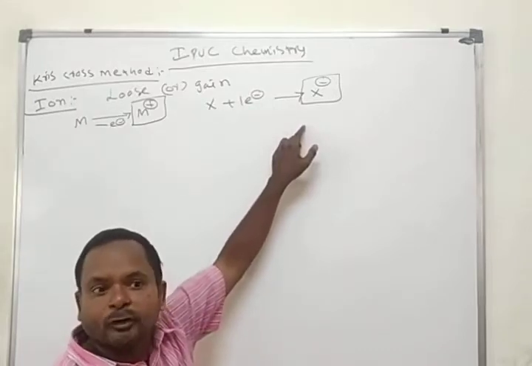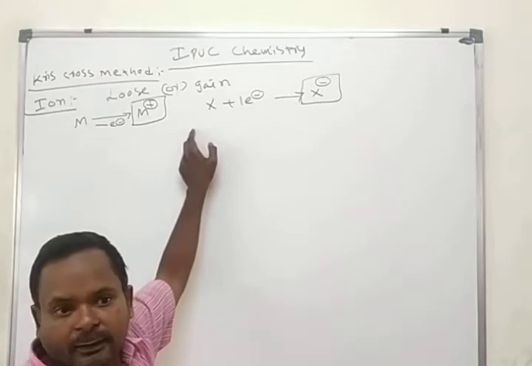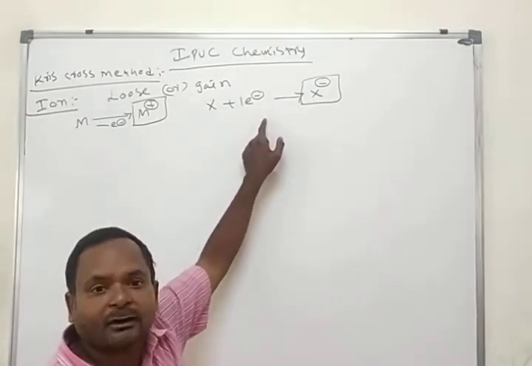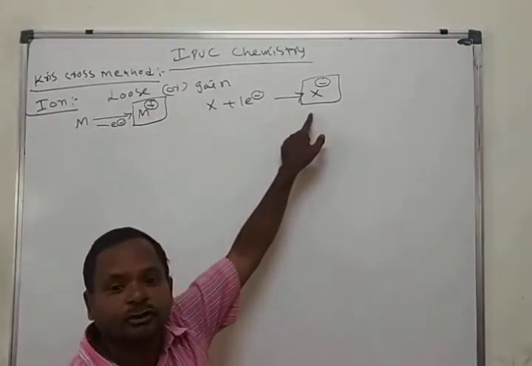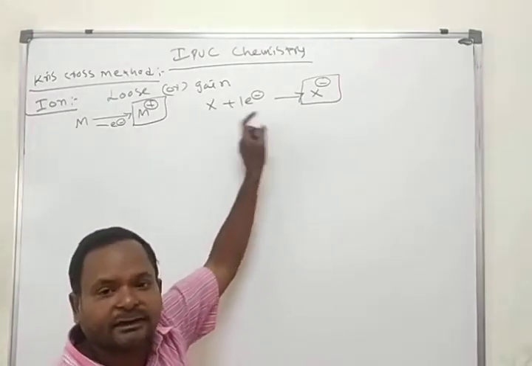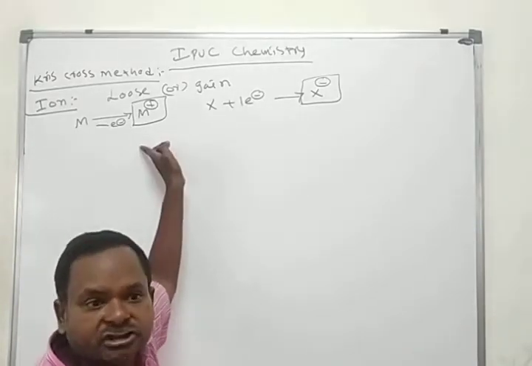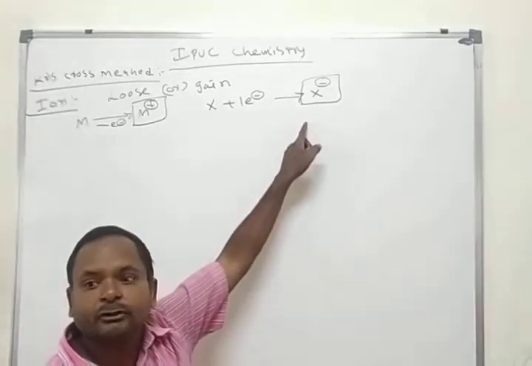When an atom loses one electron, it gets a positive charge. When an atom gains one electron, it gets a negative charge and converts into a negatively charged species. That means how many types of ions are there? Positively charged ions and negatively charged ions.